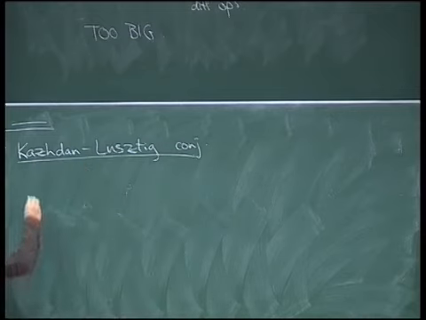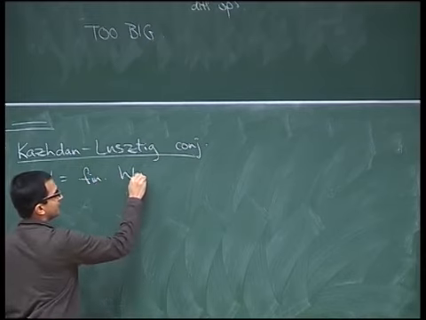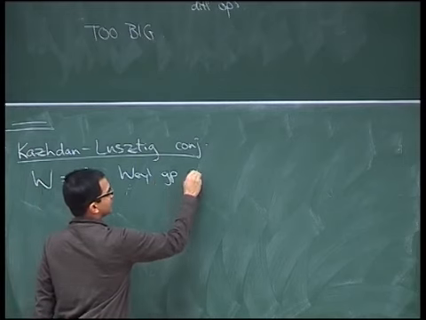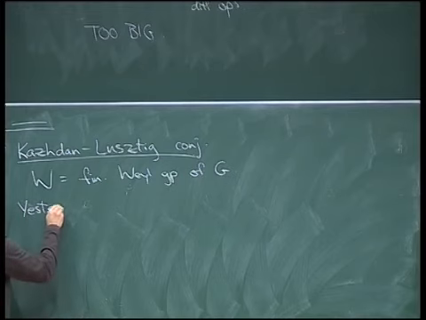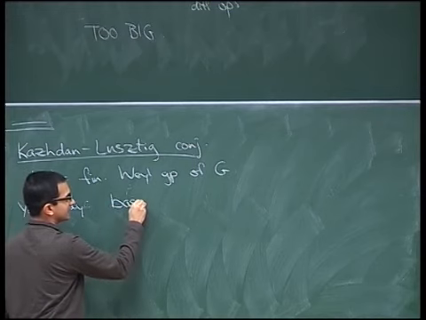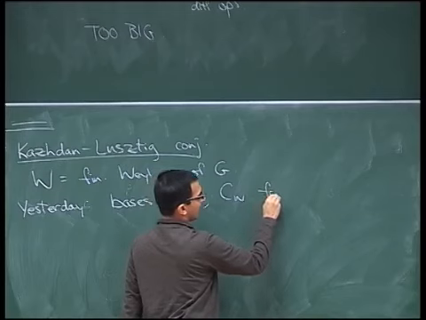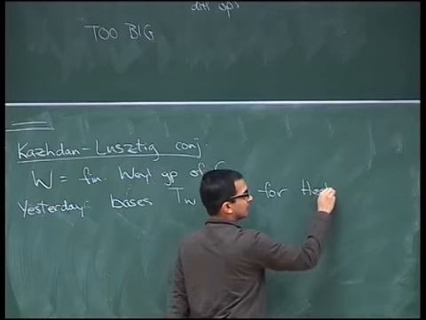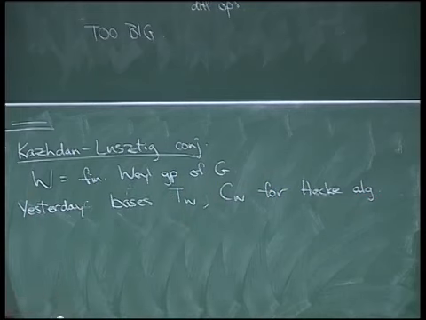Okay, so let W be the finite Weyl group of G. And then yesterday in Meinolf's talk, we learned about the bases called T_w and C_w for the Hecke algebra. And so, of course, you can write one basis in terms of the other.